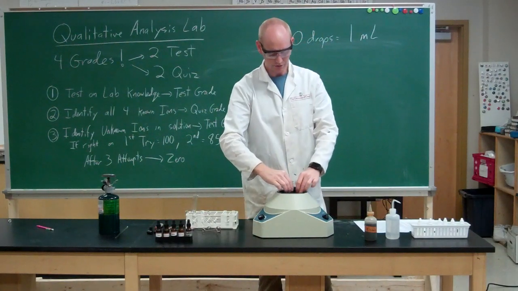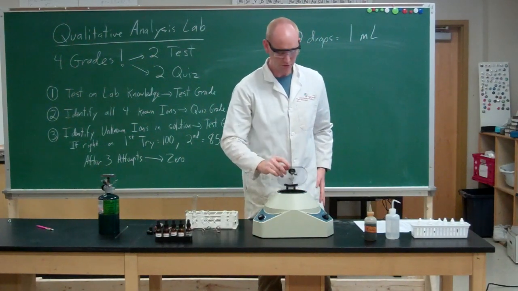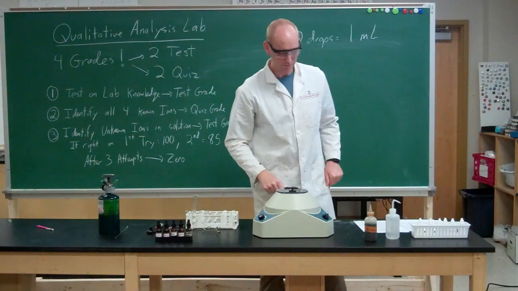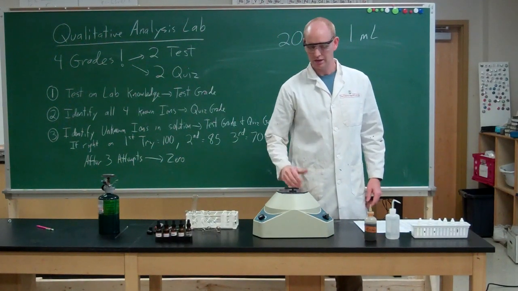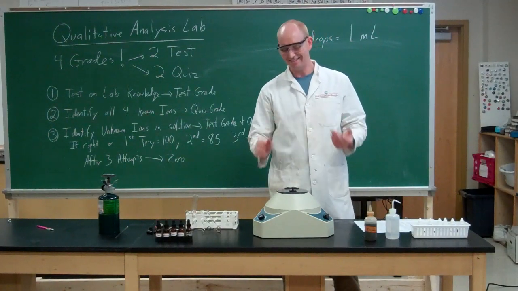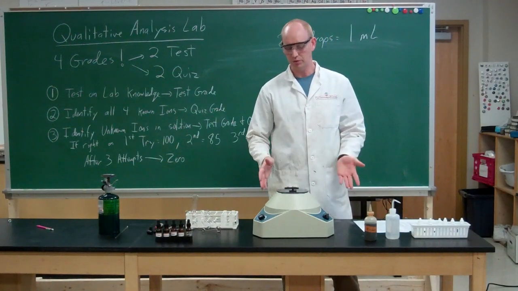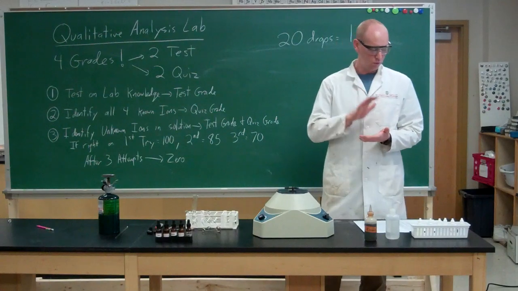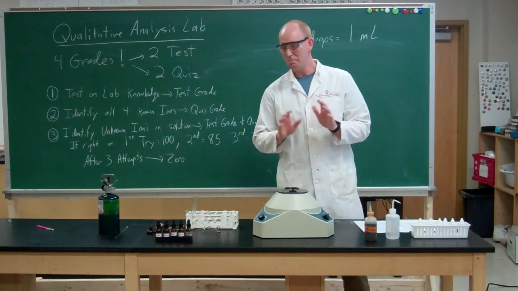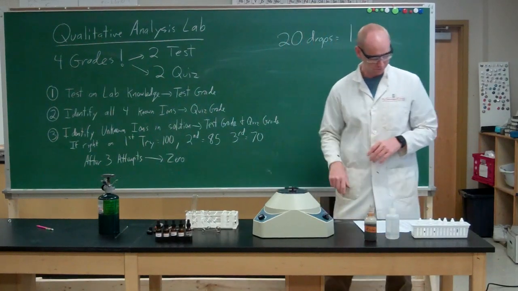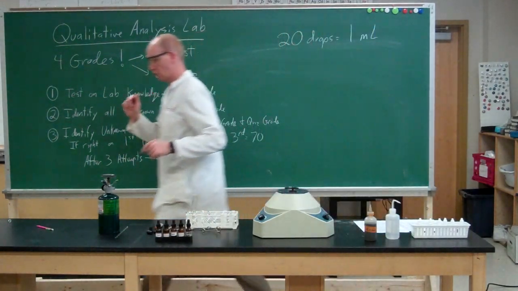I'm going to put those opposite each other in the centrifuge, and I'm going to turn it on. And notice now, it's not jumping around, it's not loud, it's smooth. So, when we centrifuge something, we want to put it in there, and we want to let it run for about 2 minutes. We'll grab something right here.